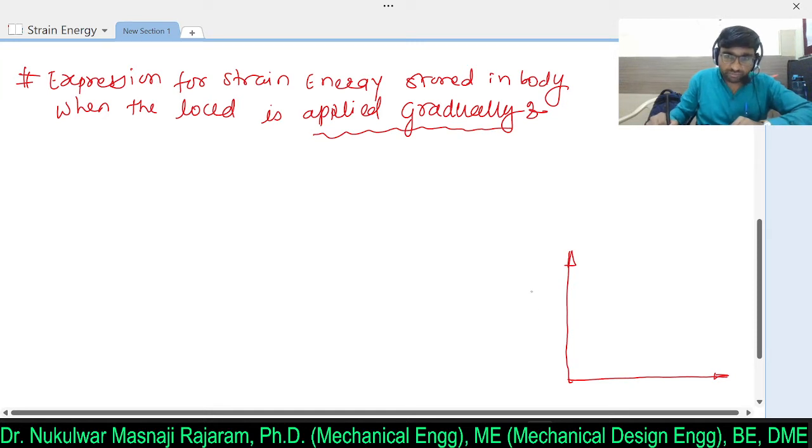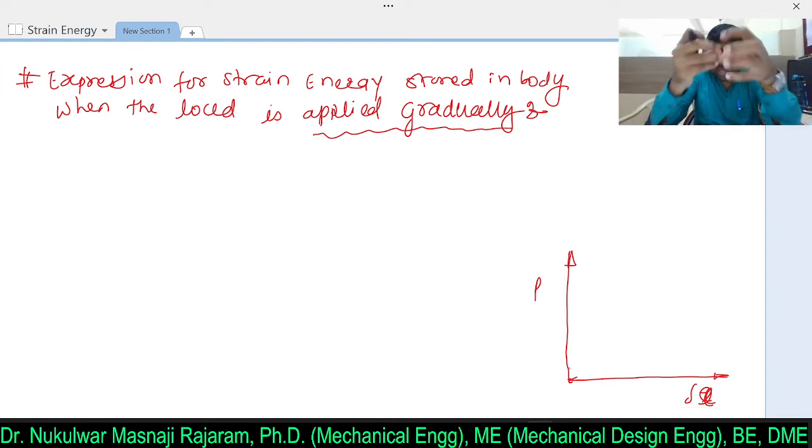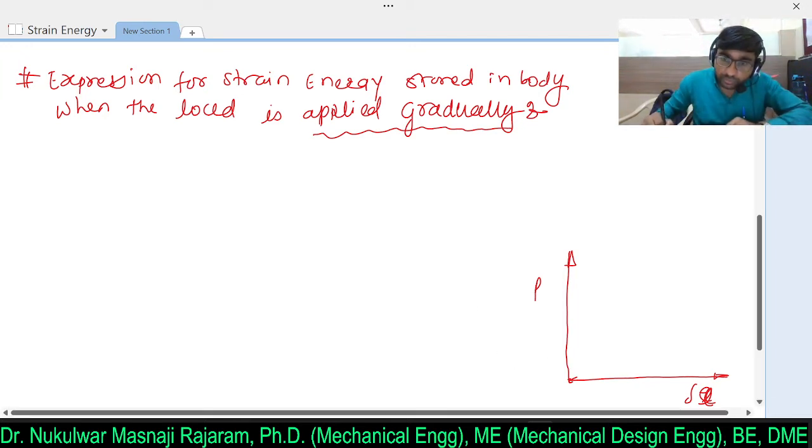If I consider the force and delta L, or elongation, then when you apply the load gradually, the force applied on the body increases along with the change in length. Clear? So I will draw the curve like this, a straight line, simple.